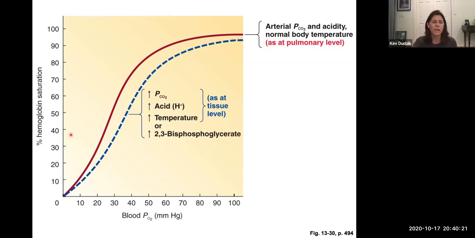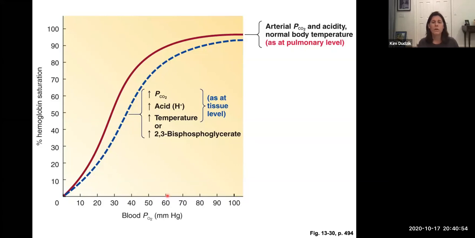Okay, so you're going to need to be able to read a graph like this. I might ask you, what is the partial pressure of oxygen at the arteries? And you need to remember that's 100. Okay, and then what is the percent saturation at the arteries? And you would have to go to 100 and the curve will be there, and you'll have to go to the appropriate curve and say, oh, it's on this one, it's almost 100%, right?